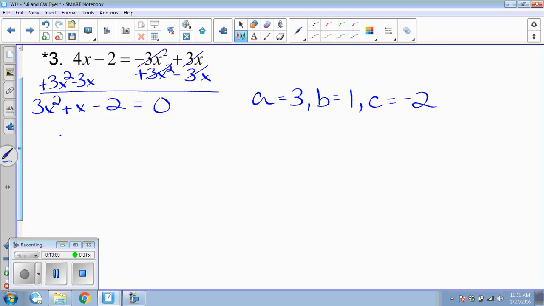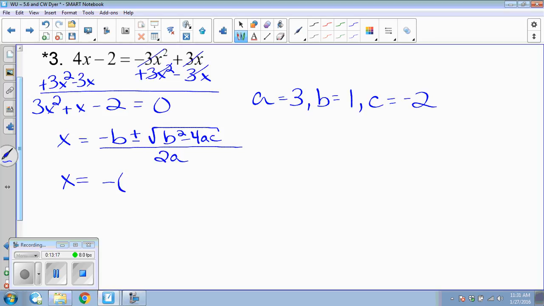So x equals negative b plus or minus the square root of b squared minus 4ac all over 2a. So x equals negative 1 plus or minus the square root of 1 squared minus 4 times 3 times negative 2 all over 2 times 3.